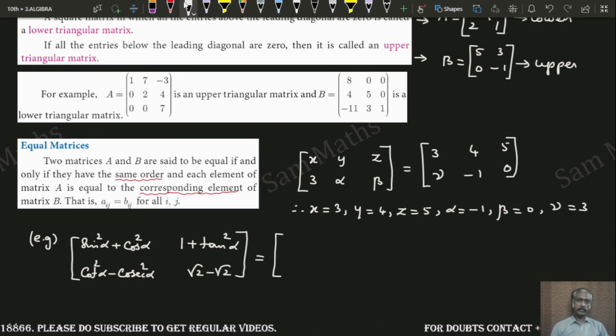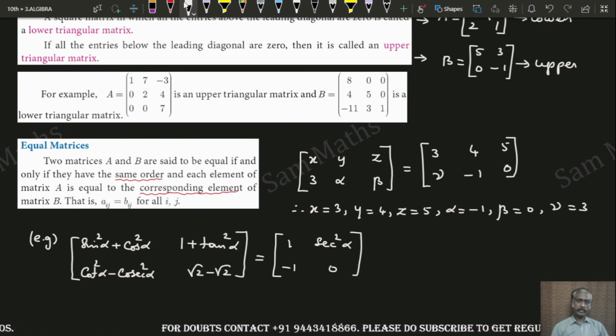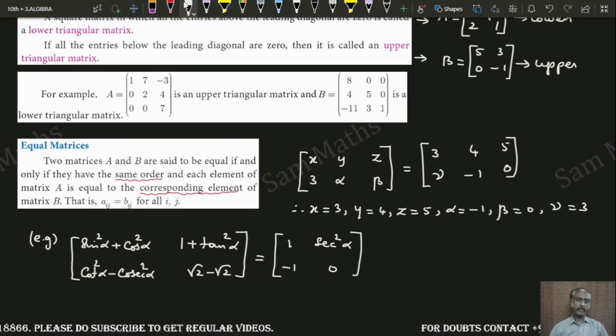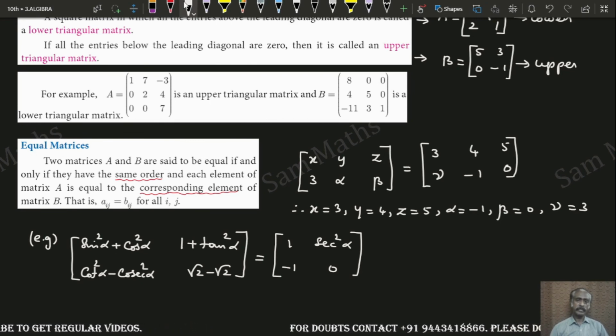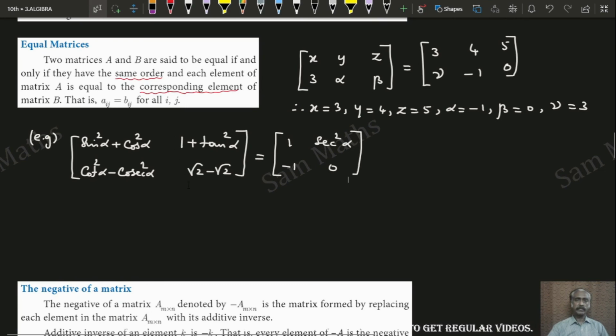Therefore, this is equal to 1, secant square alpha, minus 1, 0. These two matrices are equal since they are of the same order and the corresponding elements are the same. Sin square alpha plus cos square alpha is 1. 1 plus tan square alpha is secant square alpha. Cot square alpha minus cosecant square alpha is equal to minus 1. You know that root 2 minus root 2 is 0. So these are some important results and definitions you must know.